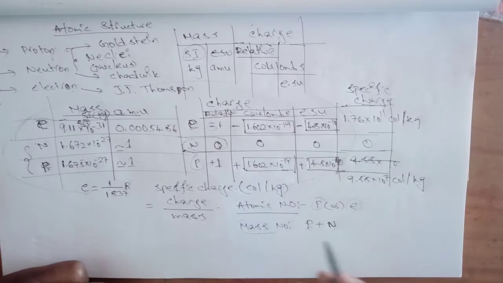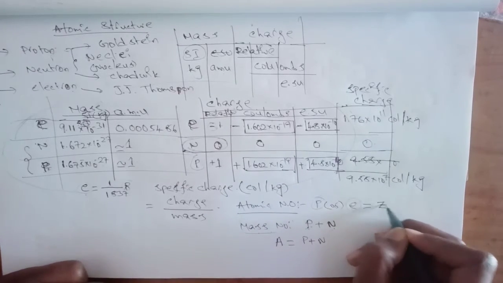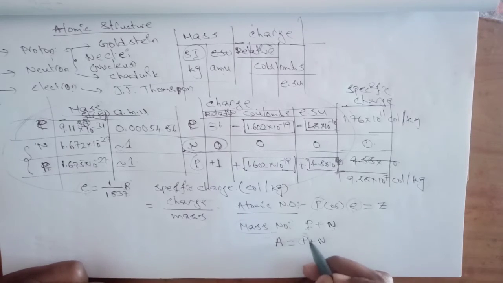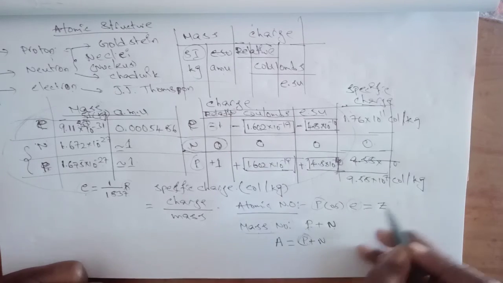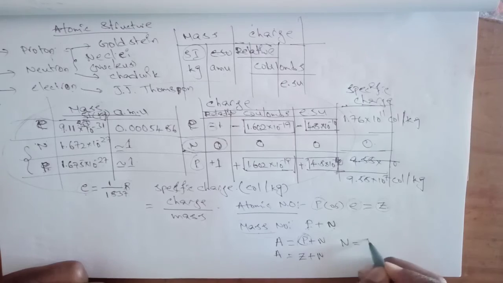So if we write atomic mass number as A, that means A equals P plus N, and the atomic number is represented by Z. So here we can take the proton number as Z. If we substitute Z here, we will get A equals Z plus N. That means number of neutrons equals A minus Z. So number of neutrons equals mass number minus atomic number.